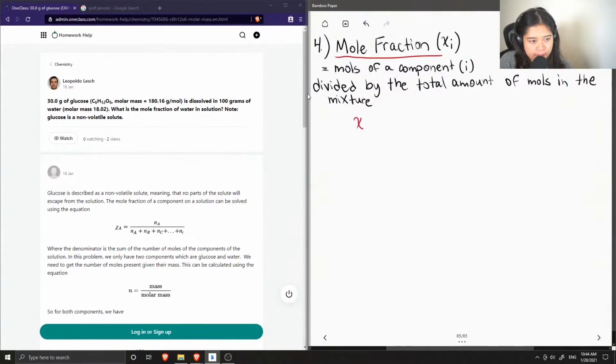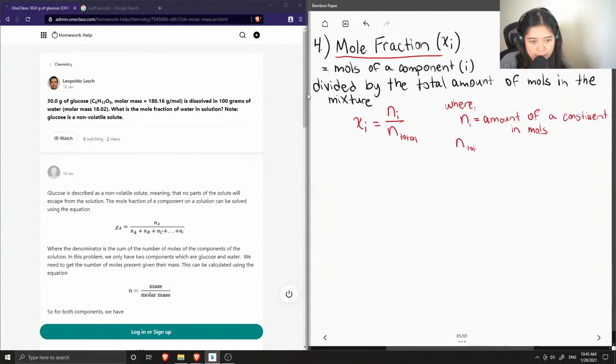Mole fraction X is equal to n over n total, where n is the amount of a constituent in moles.